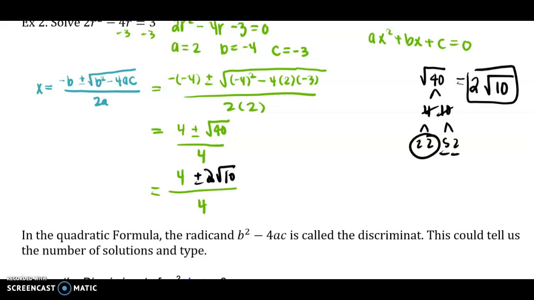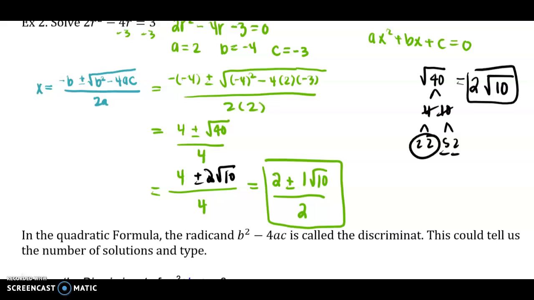Now, if you see all the numbers on the outside, 4, 2, and 4, they're all divisible by 2. So I can simplify them all by 2. That's going to be 2 plus or minus 1 square root of 10 over 2. Now, there's no number that I can divide all three of them by, so that's as far as you can simplify, and you cannot simplify that 2 and that 2. So it's all three of them or nothing.